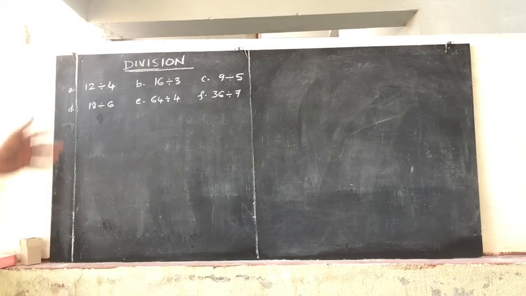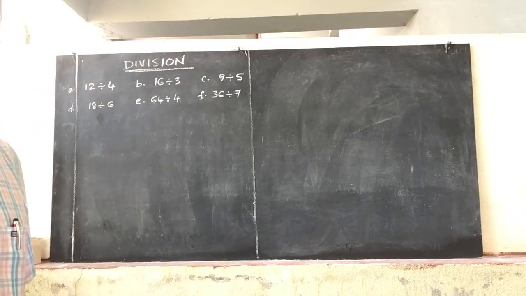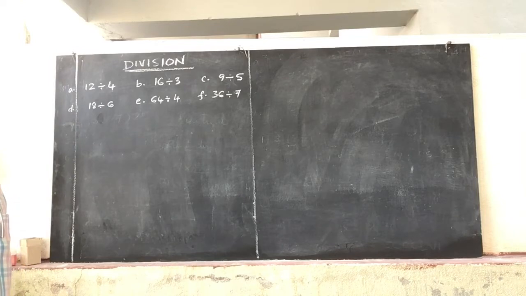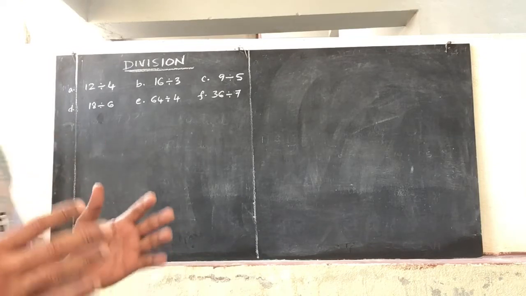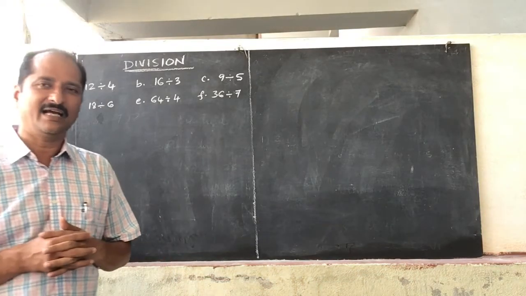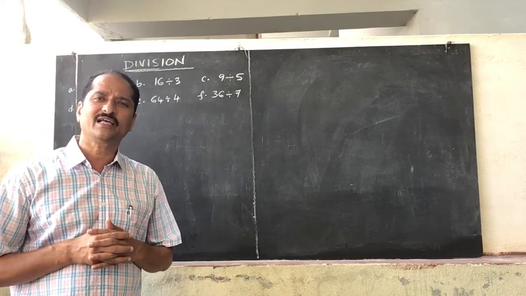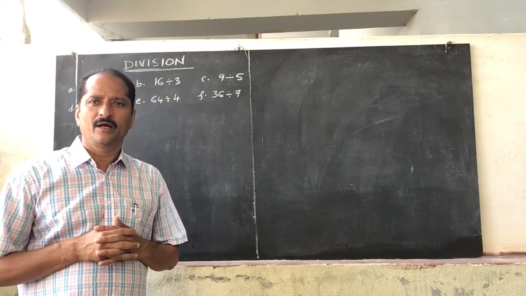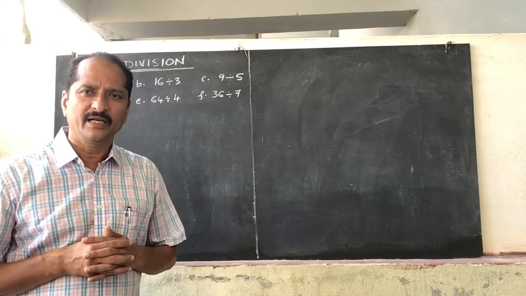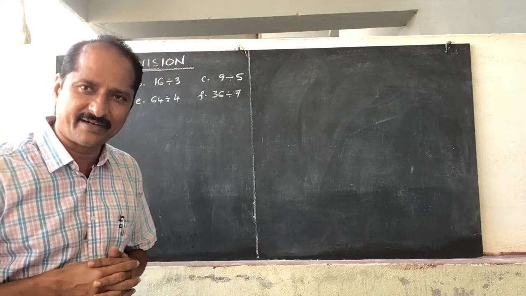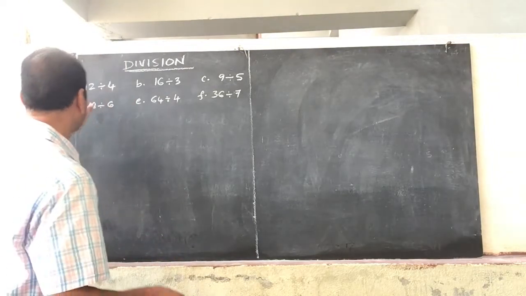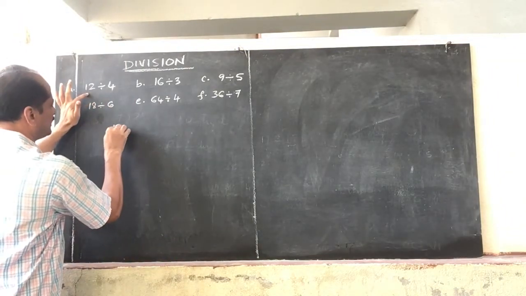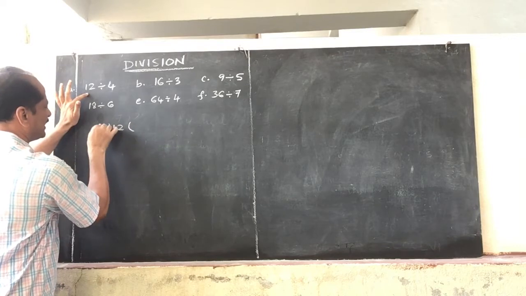So here are given some examples for us showing how to divide them, and which divisions are exact divisions and which are not exact divisions. Here we have given the dividend and divisor. See, 12 divided by 4 in this one. 12 divided by 4 means you can write it like this.